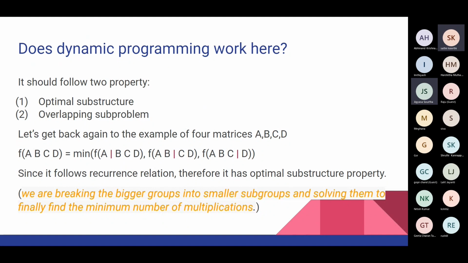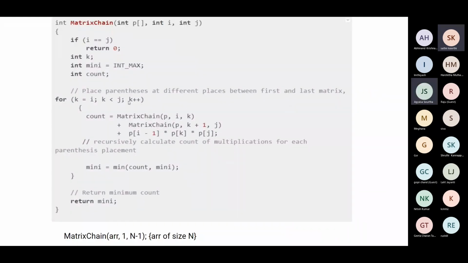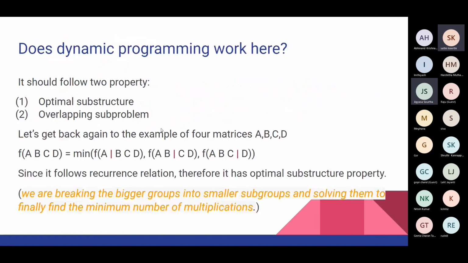Yes, it does, because you are following a recursion. Here you're calling the function again on itself, so the bigger problem is breaking into smaller problems, and hence it has the optimal substructure property.